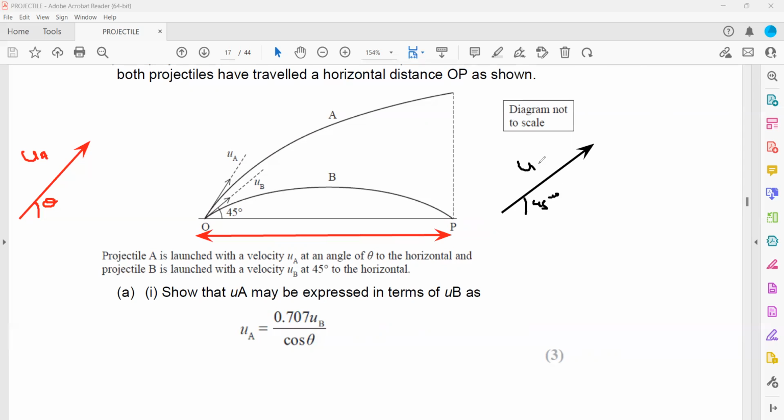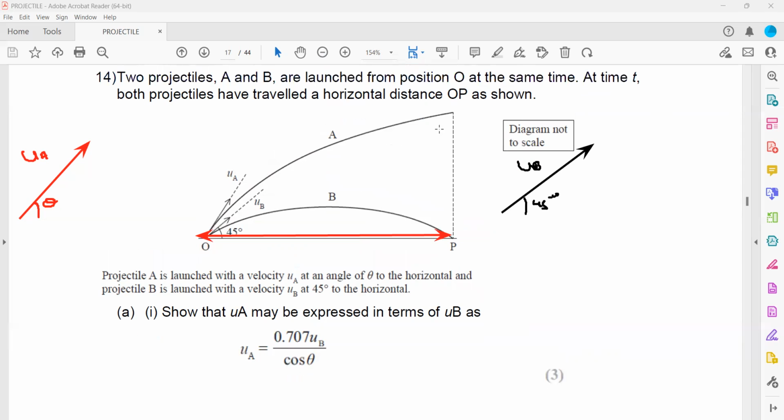Now, as I mentioned, at time t, both of these projectiles cover the same distance. In the beginning, they mentioned both projectiles have traveled the horizontal distance OP. So it means at time t both have the same horizontal distance, or both have the same range.